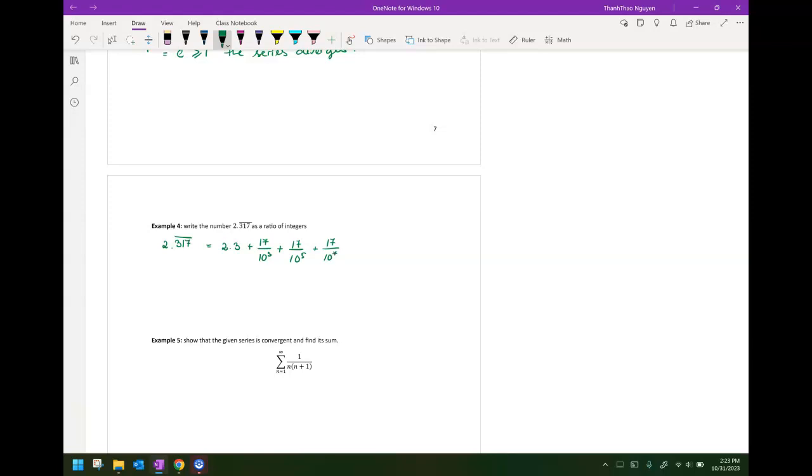Okay. Now here I have a equal to 17 divided by 10 to the third, and r is equal to 1 over 10 squared. Right?